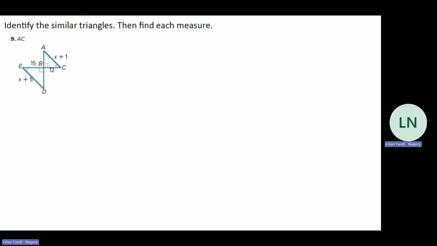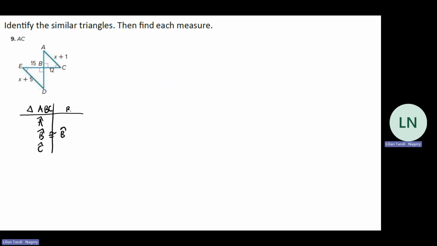Okay. I identify the similar triangles and find each measure. So first you have to identify the similar triangles. So here you have triangle ABC. B is friends with B in the next triangle.